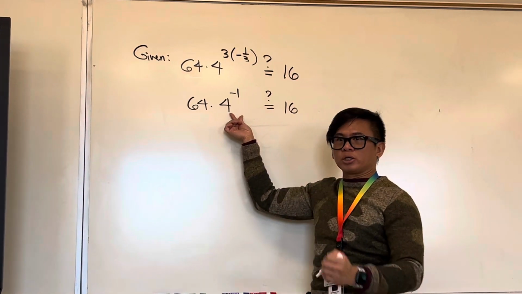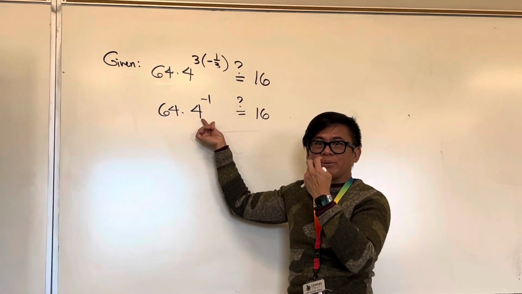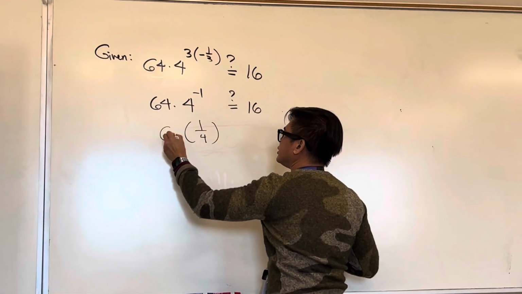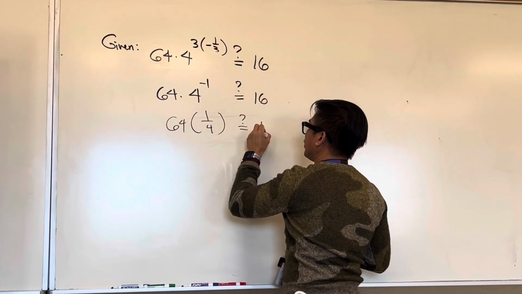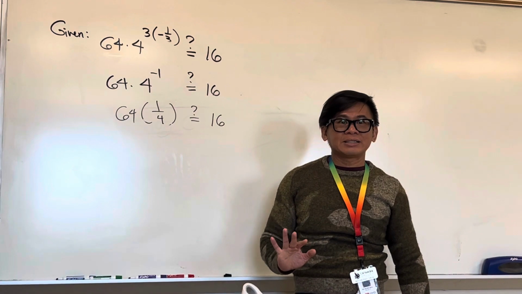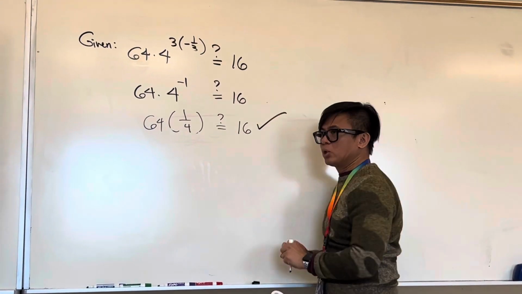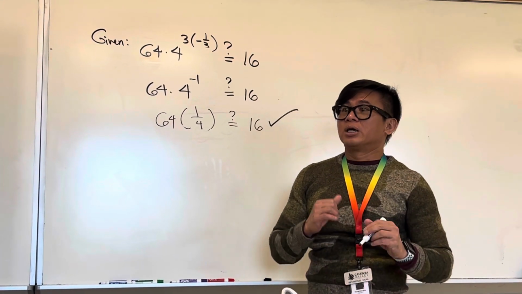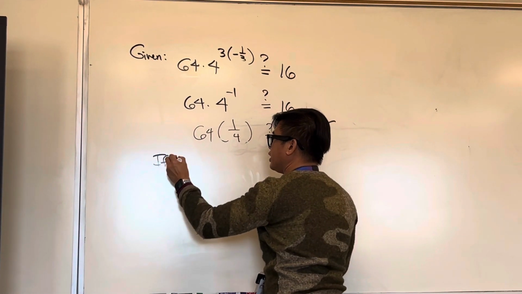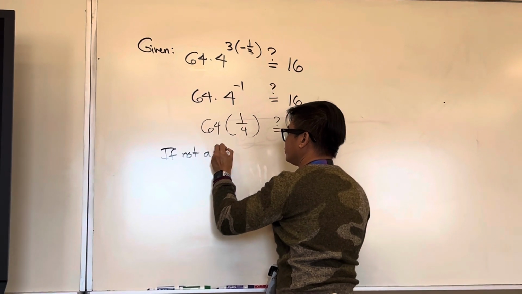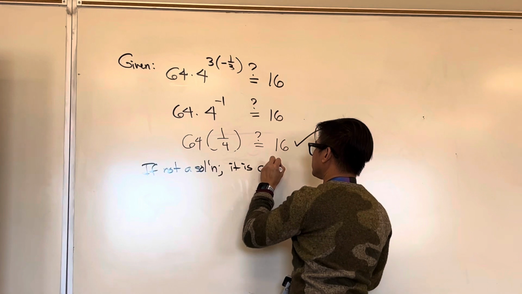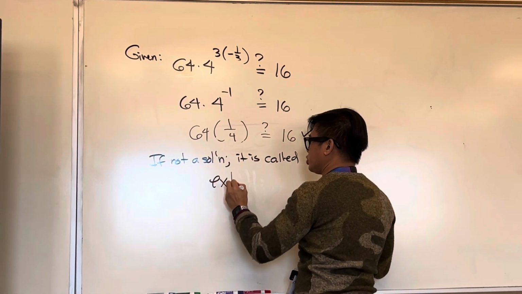Well, negative exponent rule. What's 4 to the negative 1 power? 1/4. And this is 64. Now, is that true? That's 64 divided by 4. Is that equal to 16, guys? Yes, it is. So we have confirmed that the answer is right. Otherwise, if it is not a solution, it is called an extraneous solution.